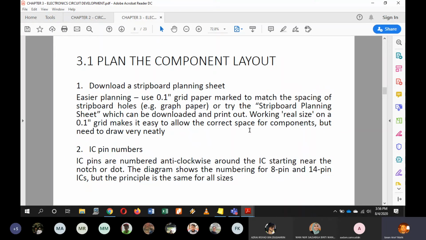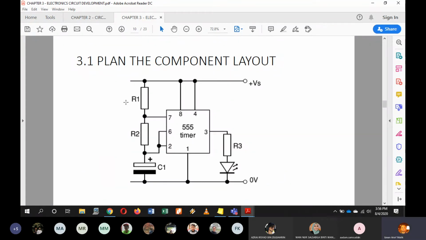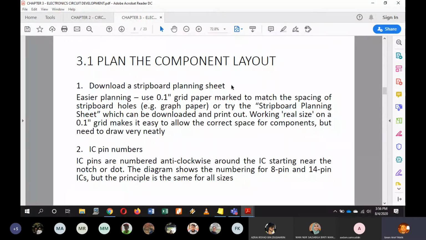Alright. There are steps for you to design, for example, this circuit. Alright. First, you download a stripboard planning sheet. Okay, easier planning. Use 0.1 inch grid paper to match the spacing of stripboard holes. Example of your graph paper. And try the stripboard planning sheet which can be downloaded and printed out.